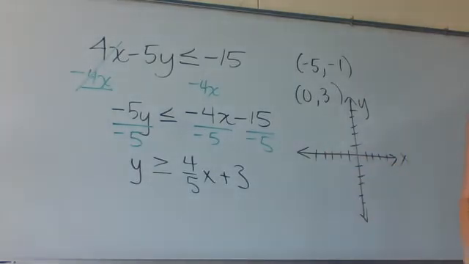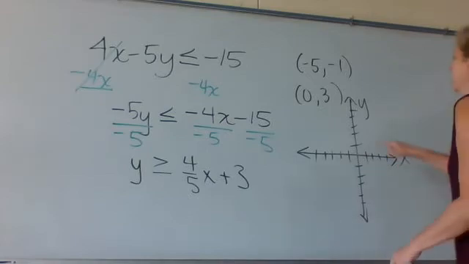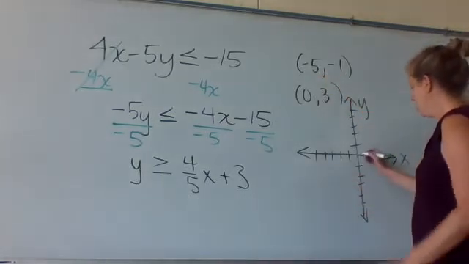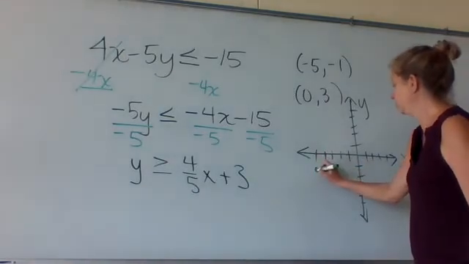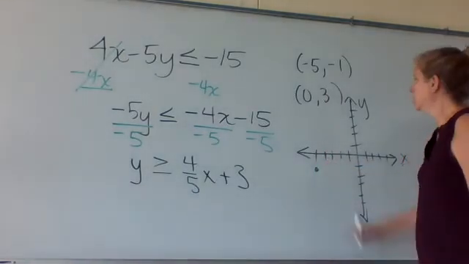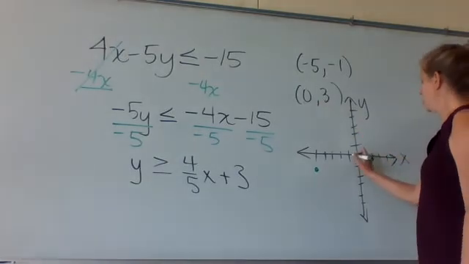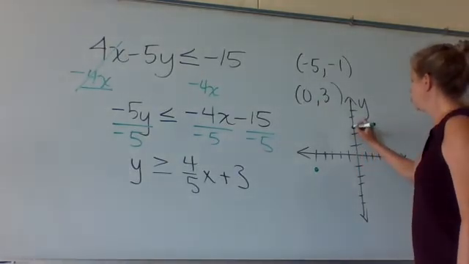Remember, you have to plot 2 points for MathLab to connect. -5, -1 will be to the left 5, down 1. 0, 3, so left and right 0, up 3.